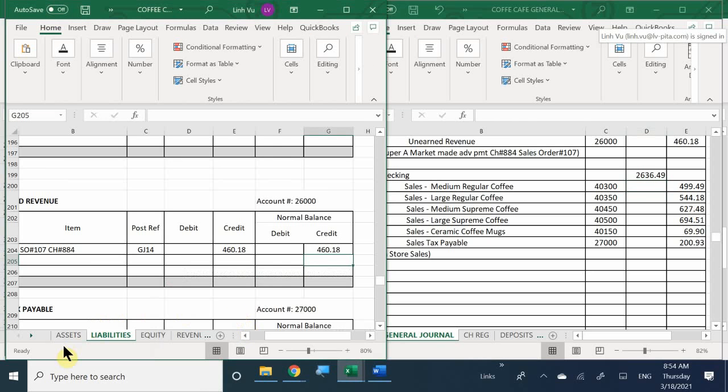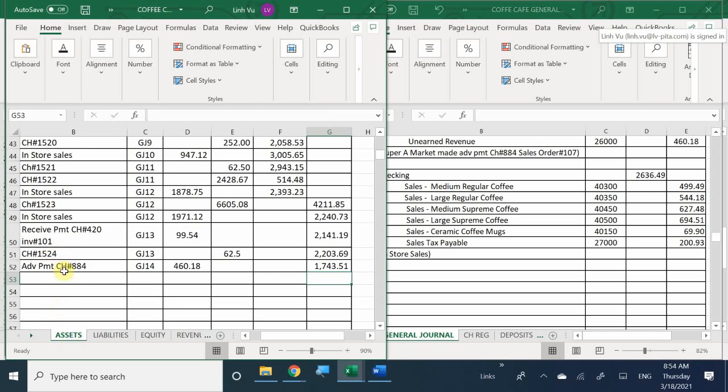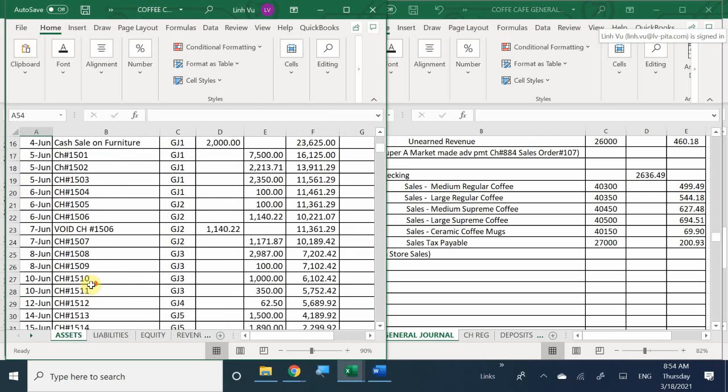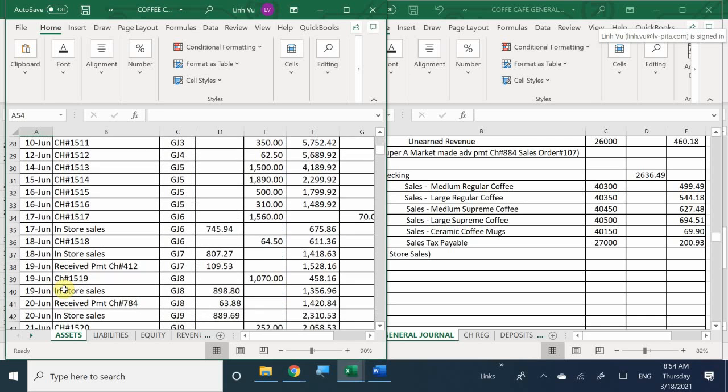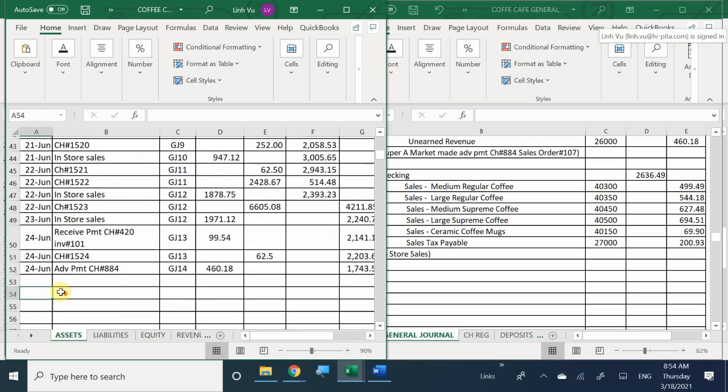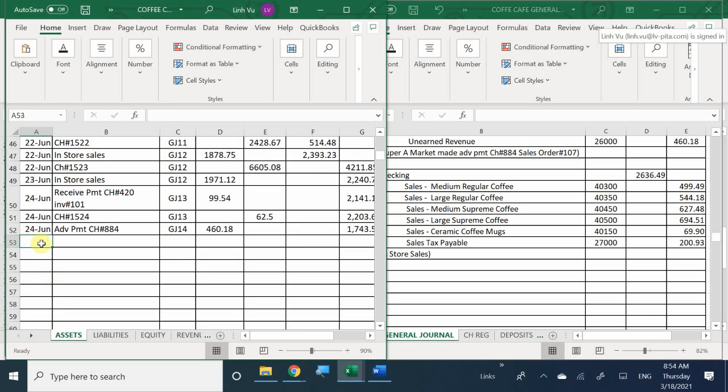So we have checking. Right, we have in-store sales, General Journal 14.